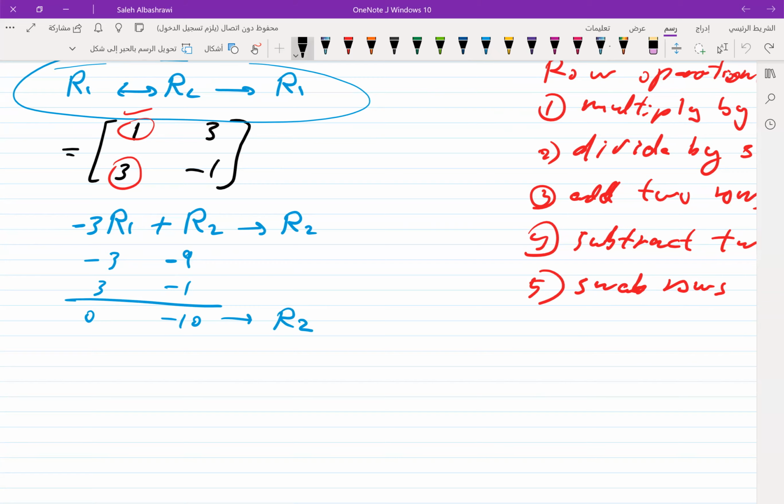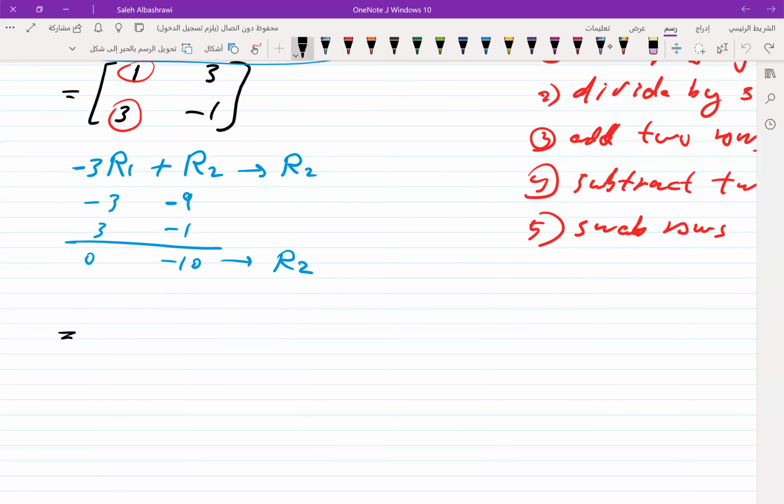So the matrix now is equal to 1 and 3 in the first row. The second row will be replaced by the new one, that will be 0 and minus 10. Now if we divide, this is not necessary, but we can do it.